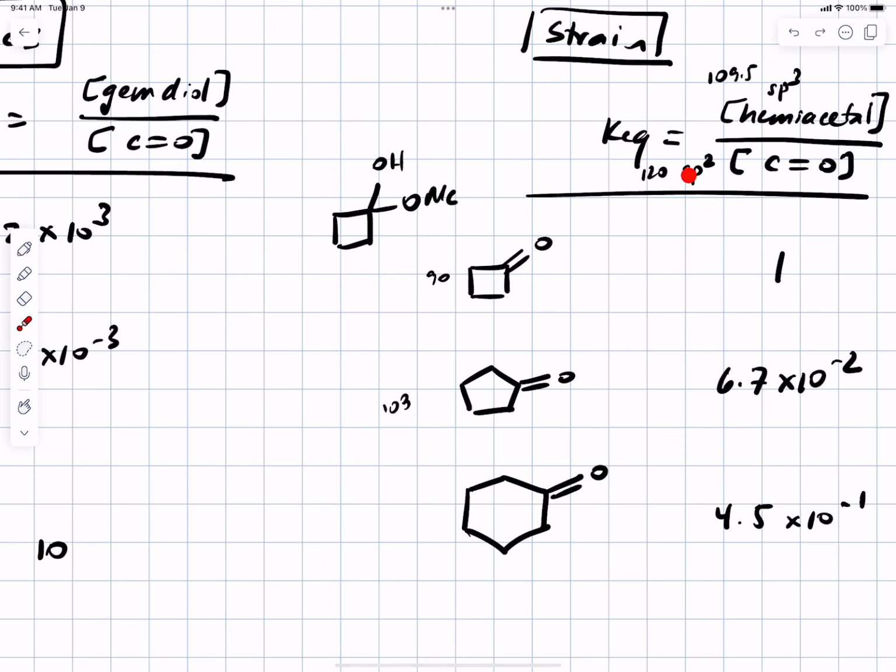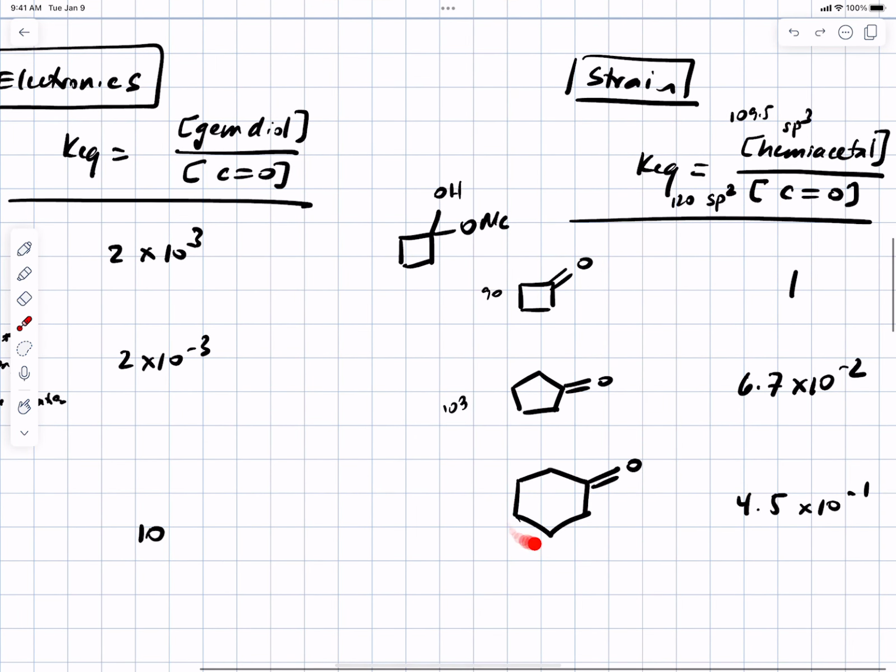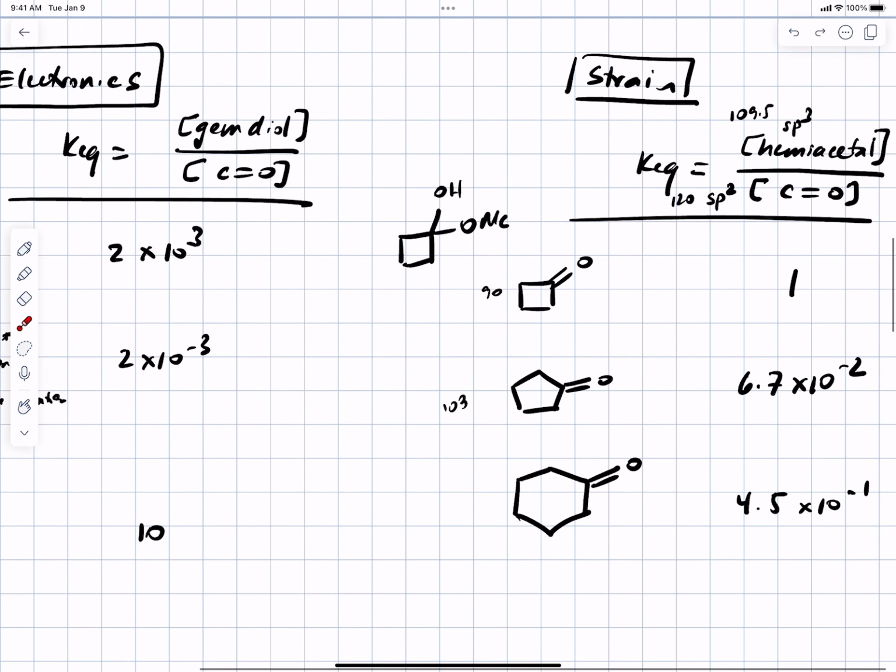Does that make sense? So you're not relieving as much ring strain when you go from sp2 to sp3 for the 5-membered ring, and then for the 6-membered ring, the magnitude gets a little bit higher.